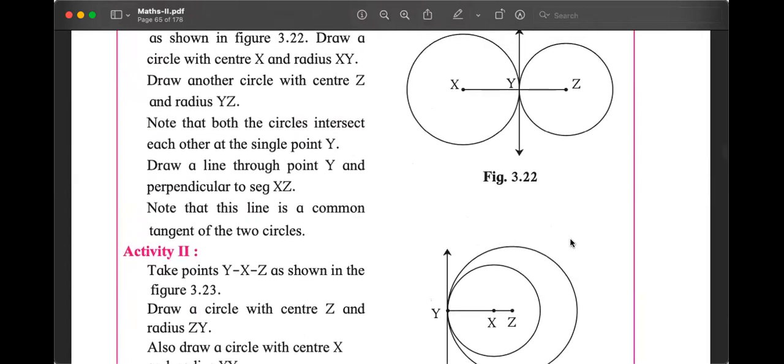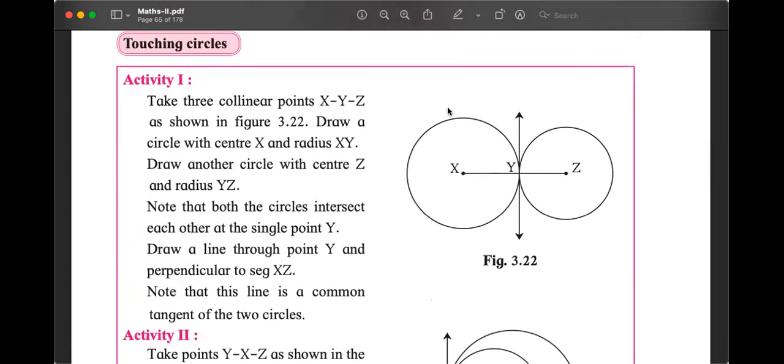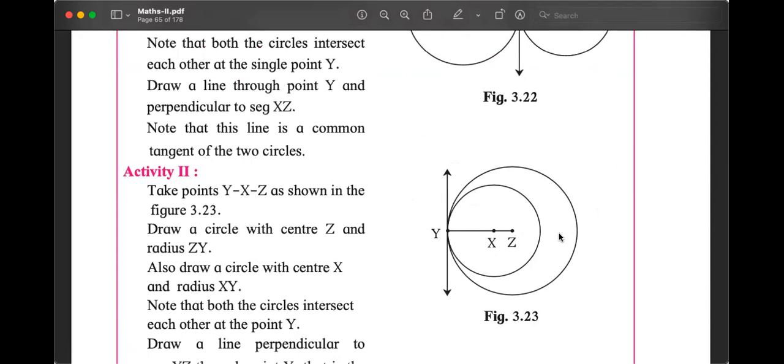We also understood, which is not in the textbook yet, that when the 2 circles touch each other externally, as in this figure, we can have 2 more tangents common to them, one above and one below. So if the circles touch externally, there will be 3 common tangents. If the circles touch internally, there will be one and only one common tangent.